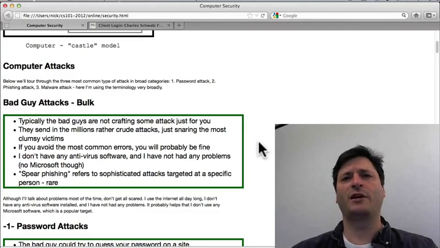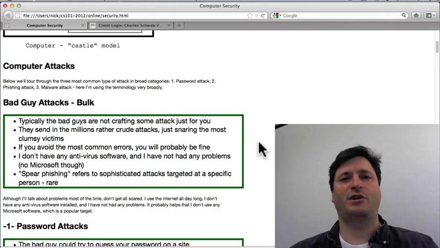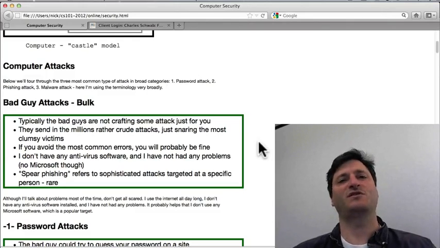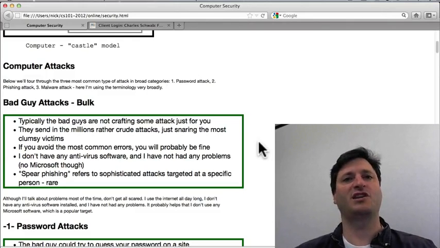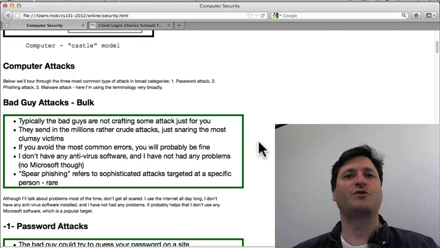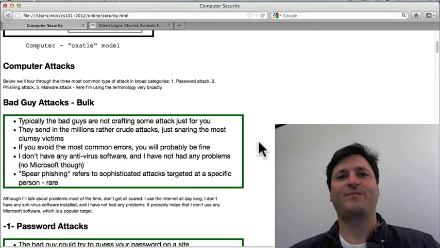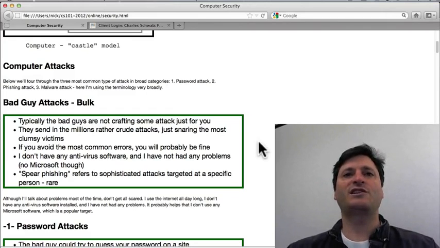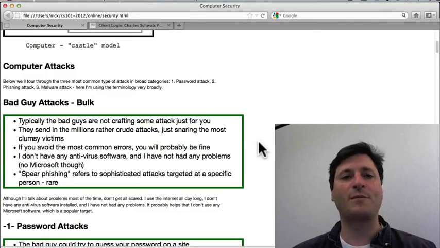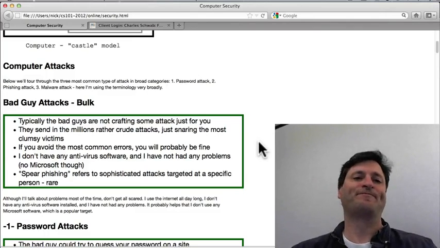They're just crafting fairly medium-complicated attacks and then sending out millions and millions of copies of that attack, not putting any thought into any particular one, just trying to snag victims who have taken the least precautions. So you don't need to have super awesome security, you just need to avoid making very common mistakes. And if you just avoid the common mistakes, you're probably going to be okay.